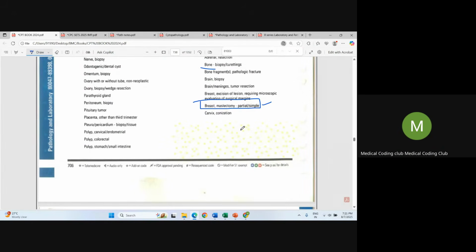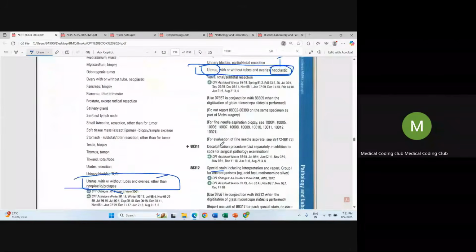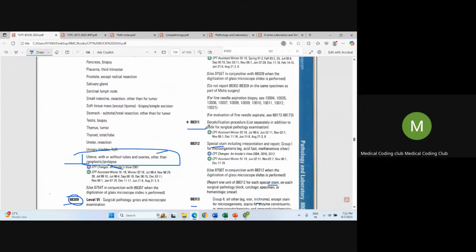Next, along with the surgical procedure, if they perform anything related to decalcification. So what is decalcification? They will remove the calcium. Once they remove the calcium, that bone will become soft, and then it will be easy to see.